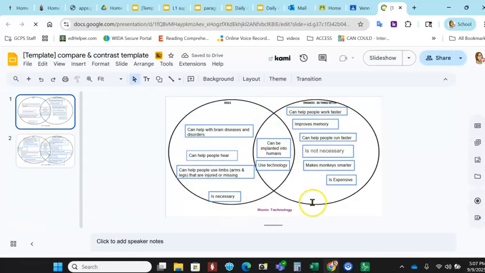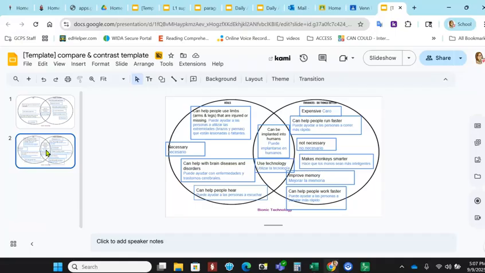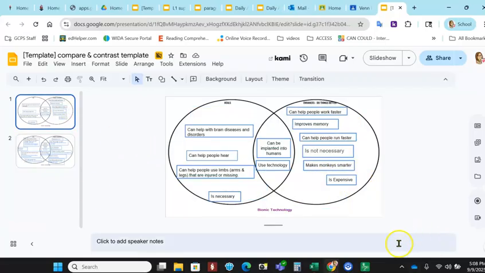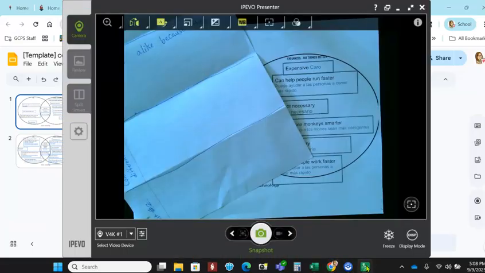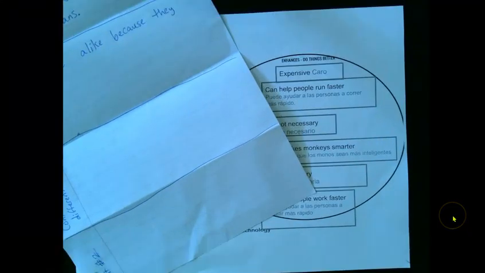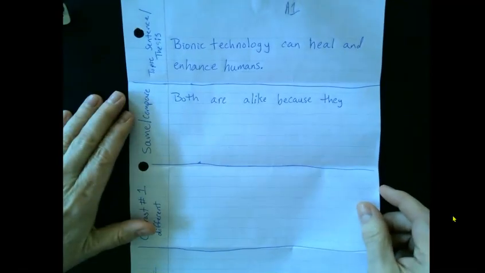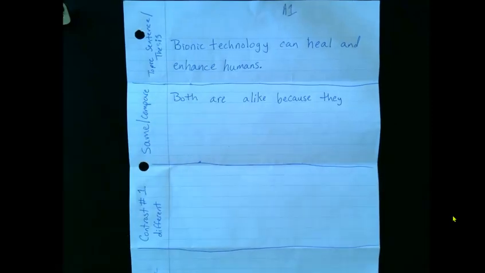And remember, the first page is in just English, and the second one, if you still need to know what these mean, you can look at it in Spanish. All right, so I'm going to switch to the camera. Yesterday in class, for those of you who were absent, we folded our paper into 4 different squares, and on the sides, we labeled what kind of sentence.